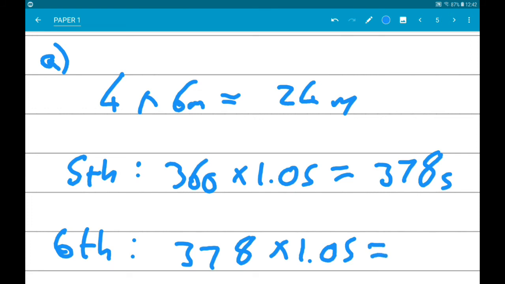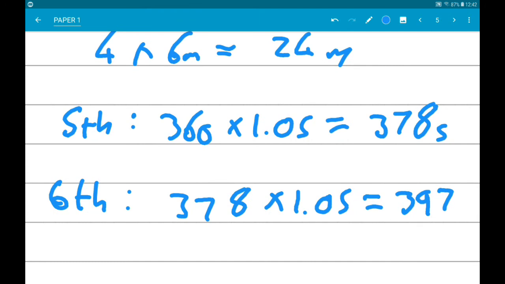Now that is going to give us, if we go to the nearest second, 397 seconds. So, if we then add those together, we get 775 seconds.